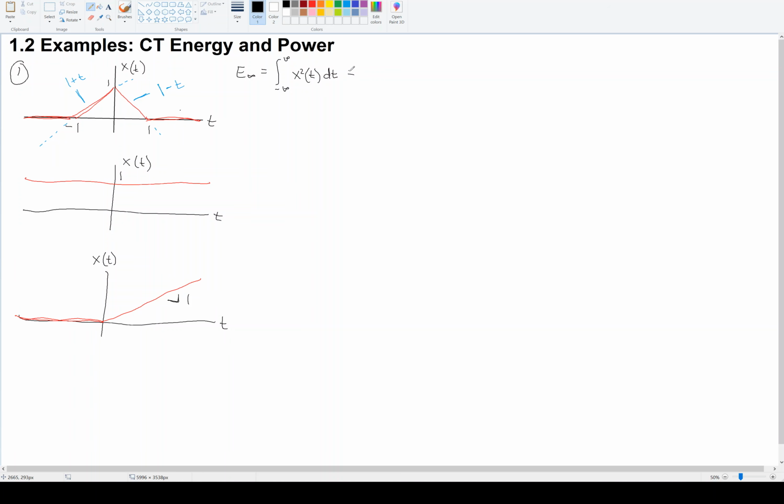So I'm going to write this integral as two pieces: from -1 to 0 of (1 plus t) squared dt, that's the piece on the left, plus the integral from 0 to 1 of the piece on the right, (1 minus t) squared dt.